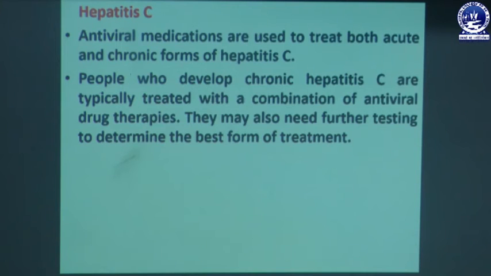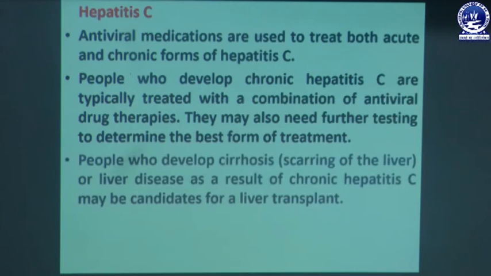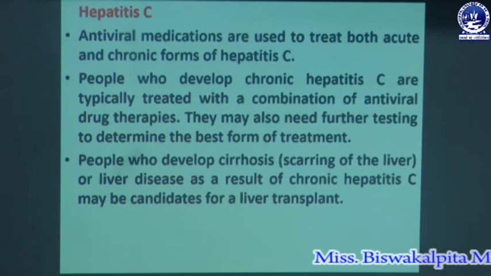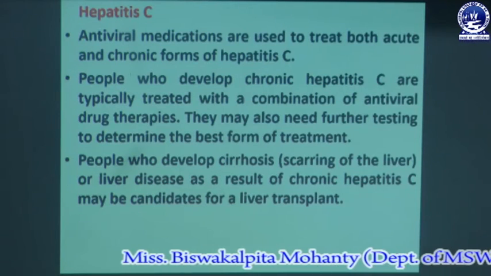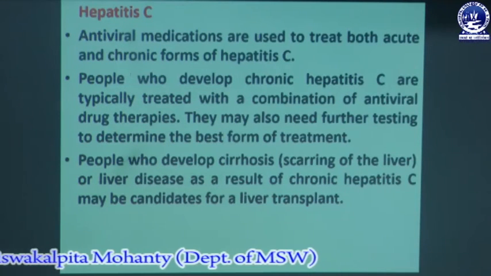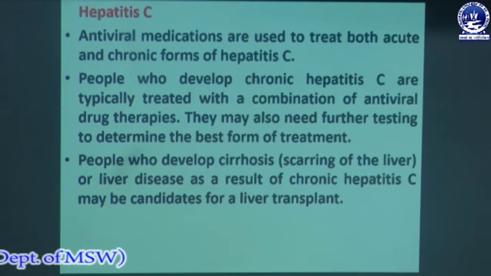Those people who develop chronic hepatitis C need antiviral drug therapies because hepatitis C is mainly a chronic disease. People who develop cirrhosis, or scarring of the liver, or liver disease as a result of chronic hepatitis C may be candidates for a liver transplant.